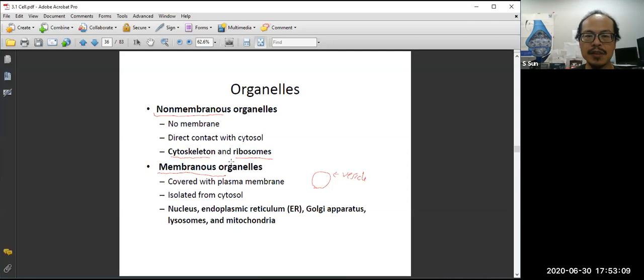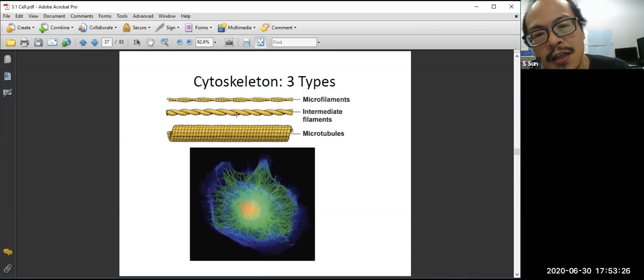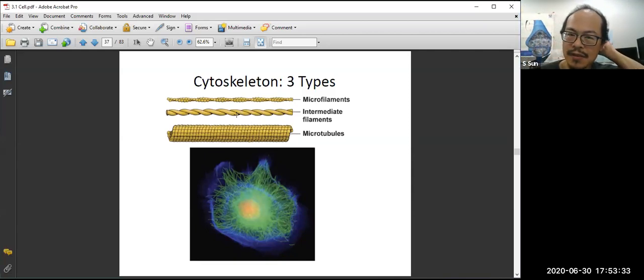So let's start by talking about this non-membranous one. Cytoskeleton. If you look into these cells, you can see a lot of structure here. These are the skeleton of the cell. It's called the cytoskeleton. Cytoskeleton has three types. From the thinnest to the thickest, first is the microfilament. You can see that this microfilament has little bits connected together.